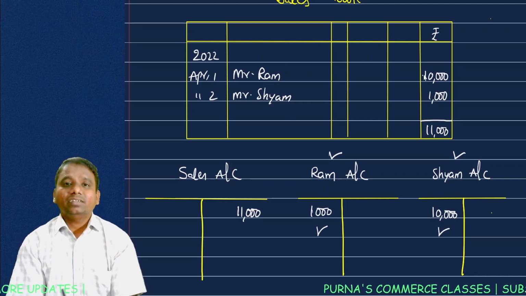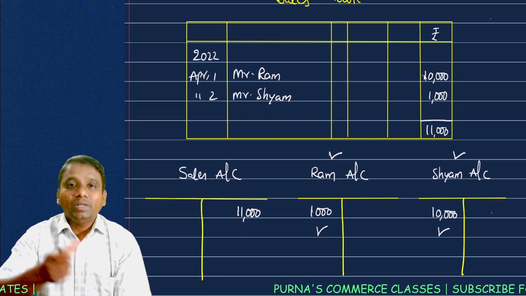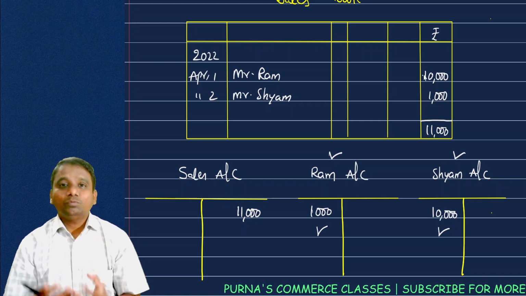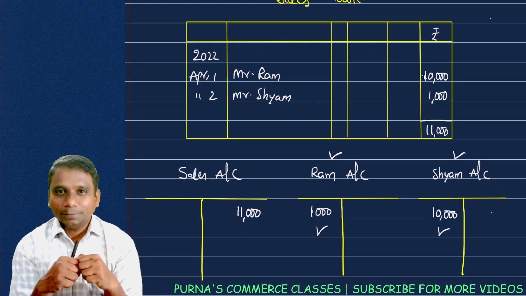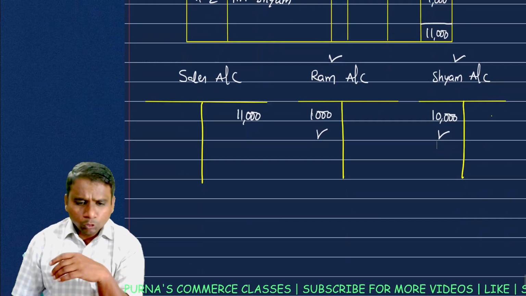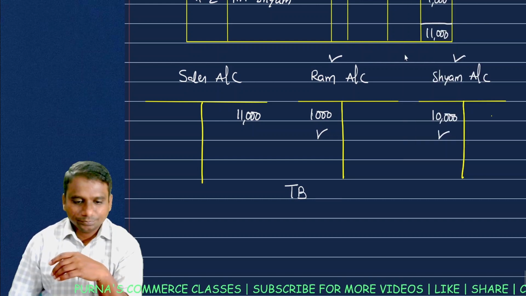These types of errors we call compensating errors. These types of errors are a little bit difficult to identify. Okay, now look at it. If you prepare the trial balance, do prepare the trial balance.